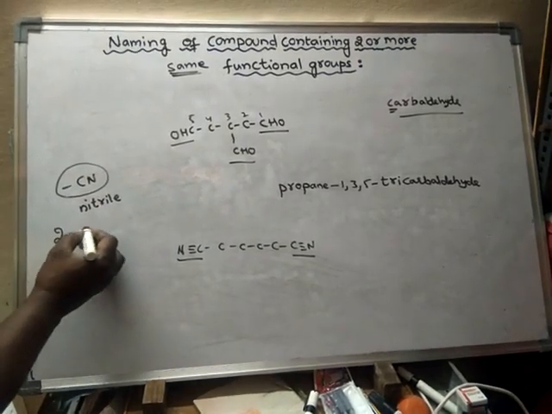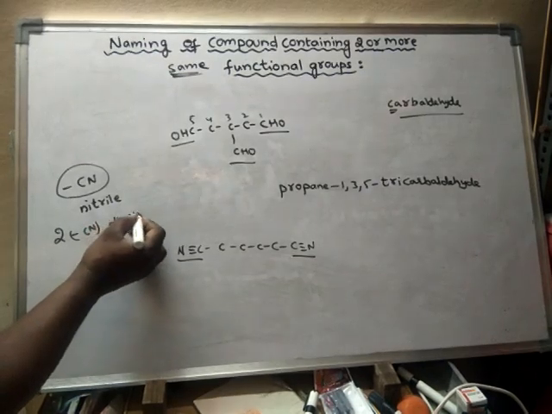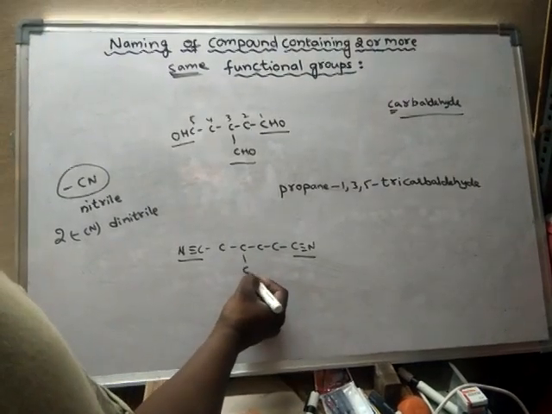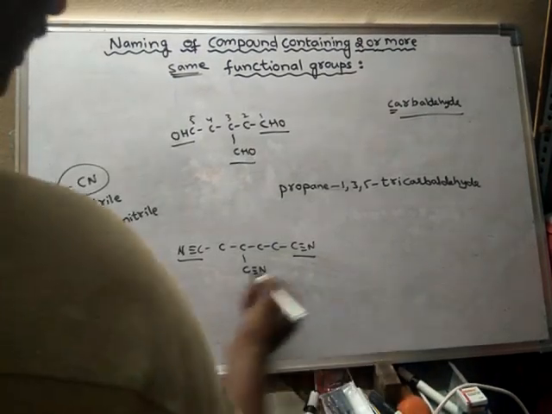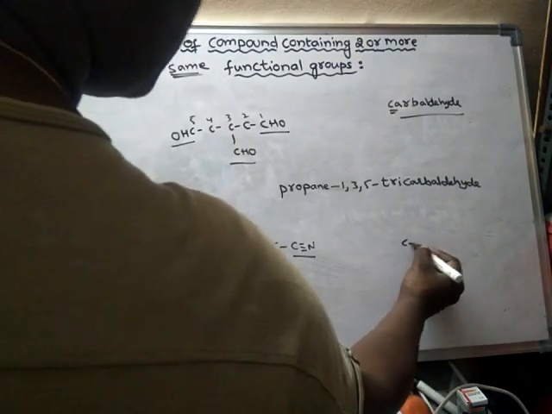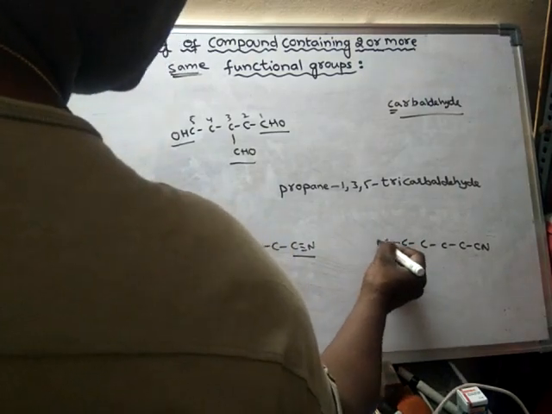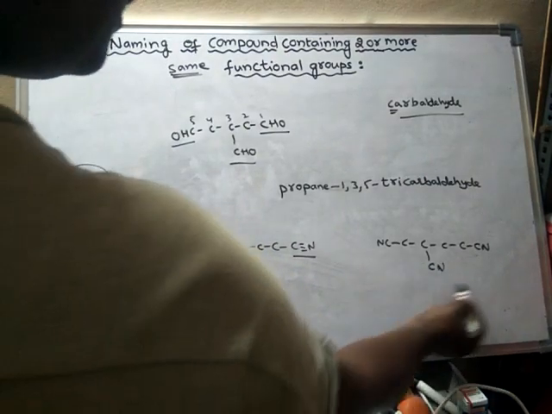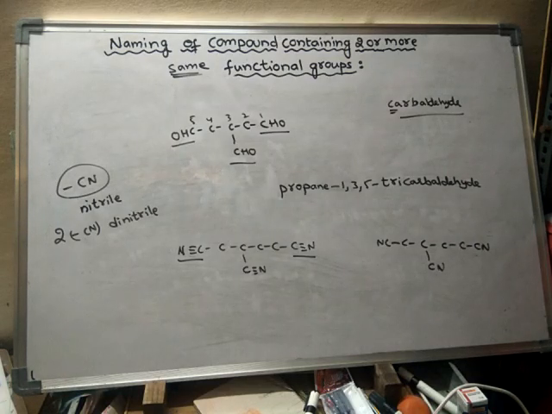If two cyanide groups are present, then we mention it as a dinitrile. But here there are three cyanide groups. Or else I may write this compound like this also: 1, 2, 3, 4 carbons are present in the parent chain, and this is cyanide, this is another cyanide, and on the second carbon again cyanide. So what is the name of this compound?